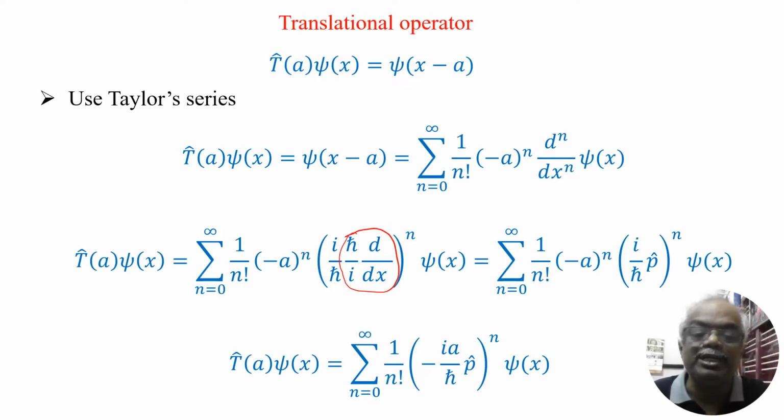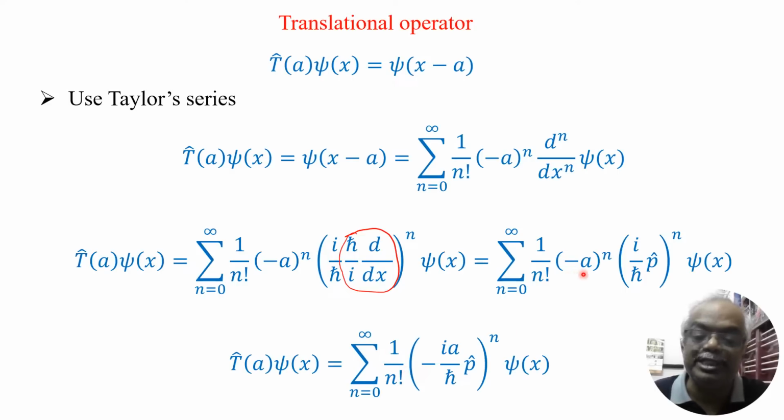So here I already have one i and h cross. So this will become i over h cross, the momentum operator p hat, whole power n, psi of x. Now this equation can be written as, when the T hat acts on the wave function psi, you will get this thing.